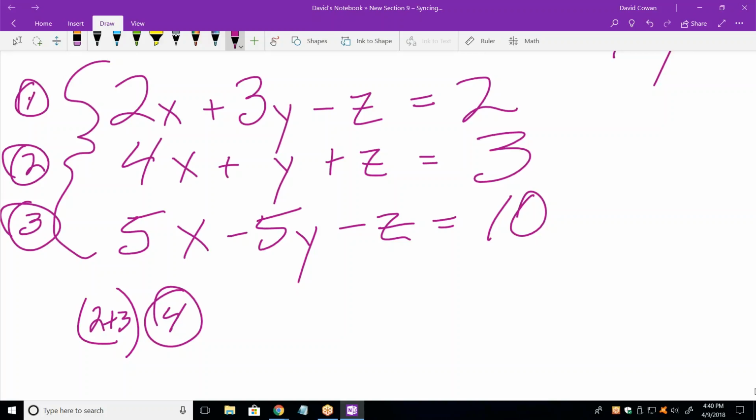2 plus 3 would equal... Hold on, add the x's. It would be 9x. When I say 2 plus 3, I mean equation 2 added to equation 3.